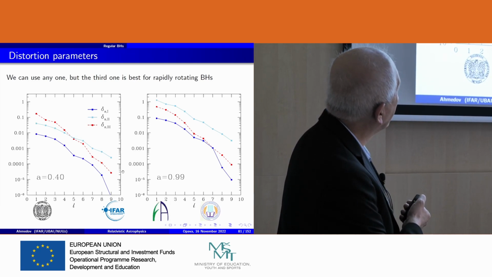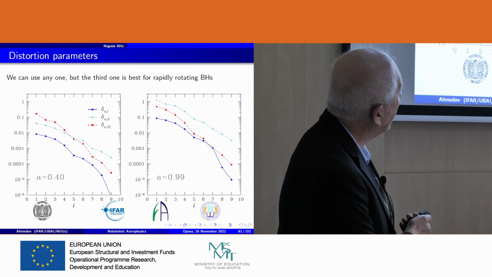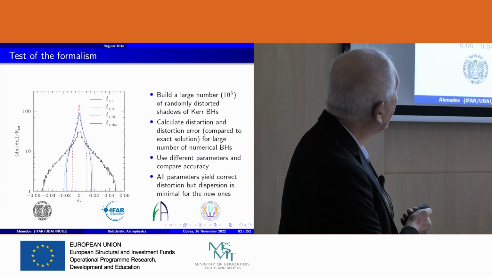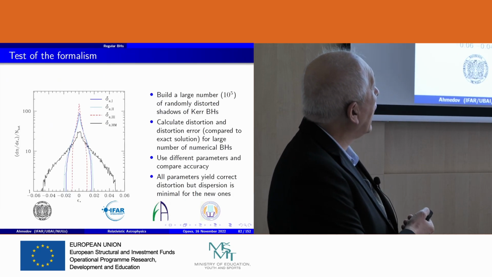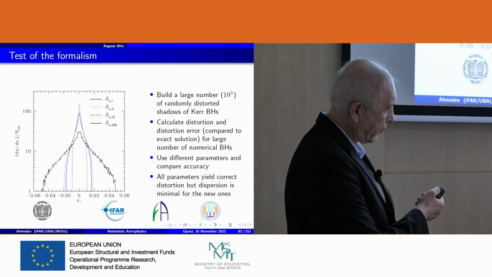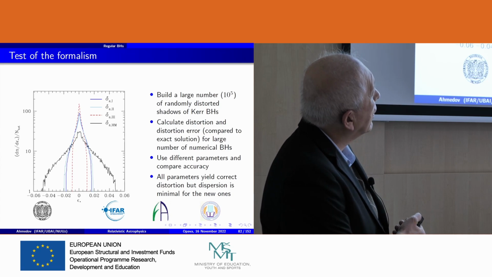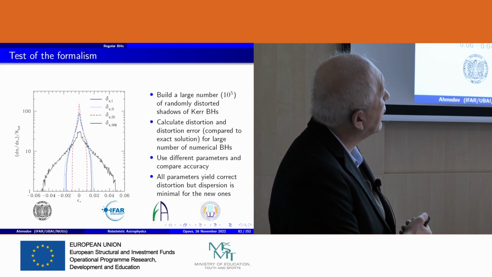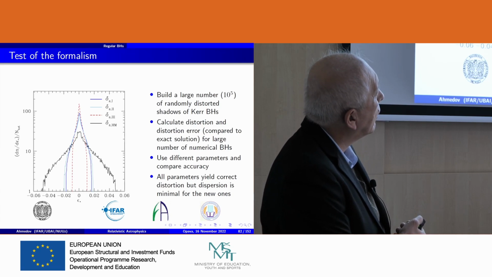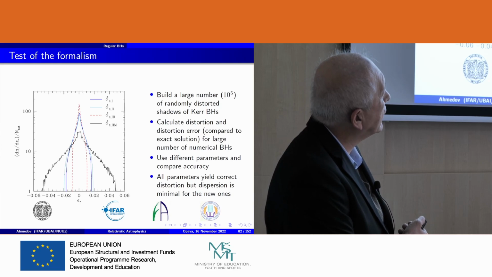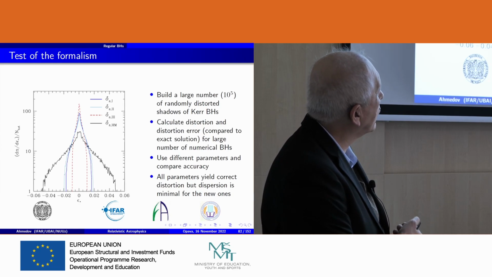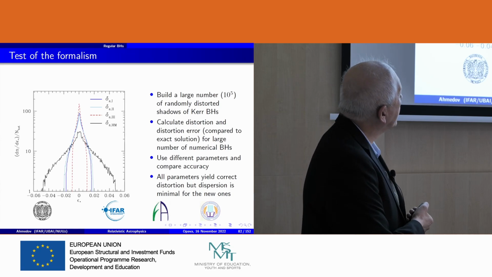Then we introduced different deflection parameters, called 1, 2, 3, and we looked at how they behave. We generated 10 to the power 5 randomly disturbed shadows and looked at how stable these coefficients are.